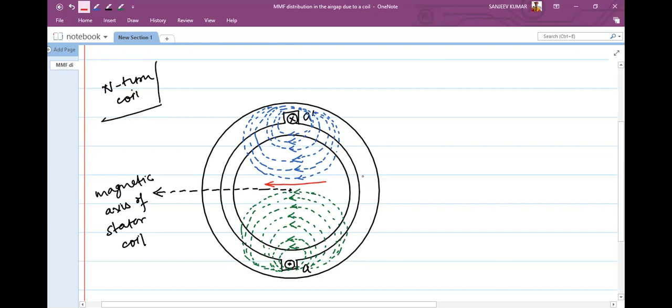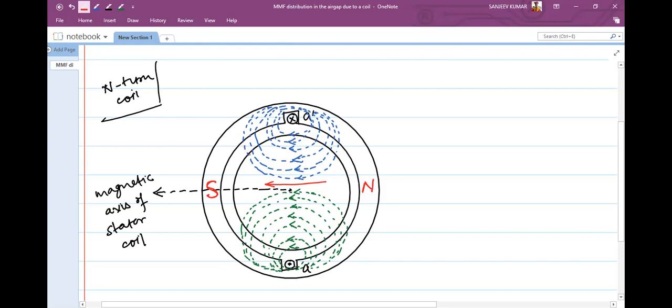Okay, it means that due to the action of the electromagnet, this part has got the N pole and this part has got the S pole. And we also know that the magnetic lines of force move from north to south. So this is justified. Okay. Now, this is the actual phenomenon which is happening.